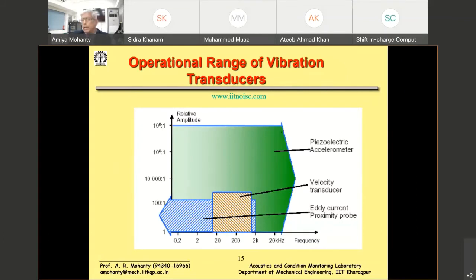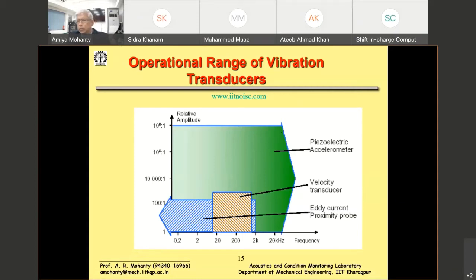The accelerometer is a contact type sensor. Eddy current is not a contact type, but the frequency range of the accelerometers is very, very high. I can measure very high acceleration levels, and also a wide frequency range. And all of you know that if I have a vibration measurement system, I can measure the acceleration spectrum.